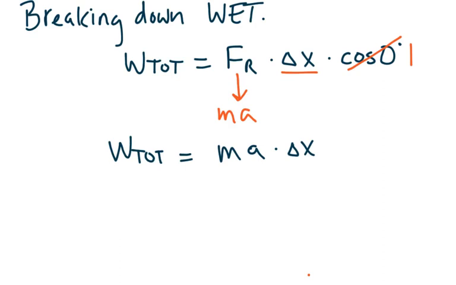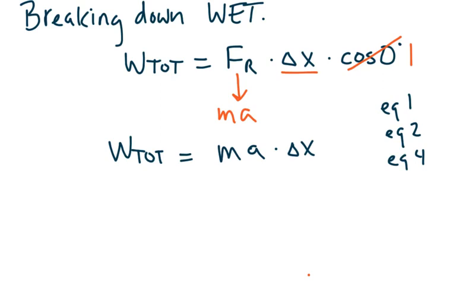Now, we don't have an acceleration, but we know that acceleration is nothing more than the relationship between the change in velocity. So I'm thinking about any of the formulas that have both of my actual velocities in them. That's equation 1, equation 2, and equation 4 from our kinematic equations.